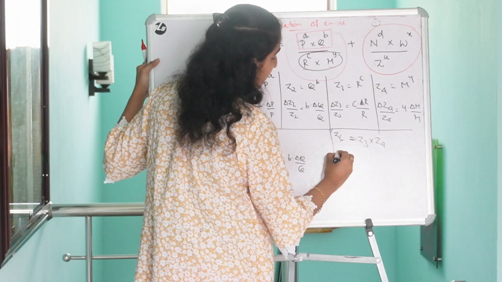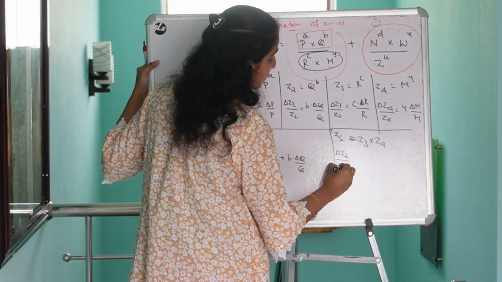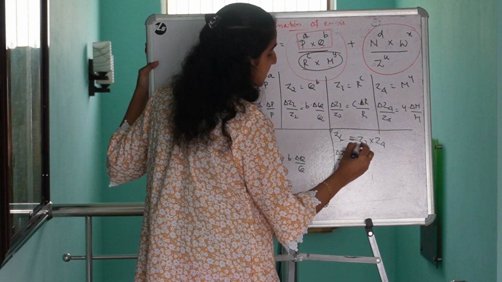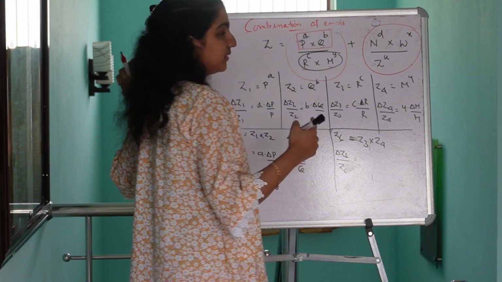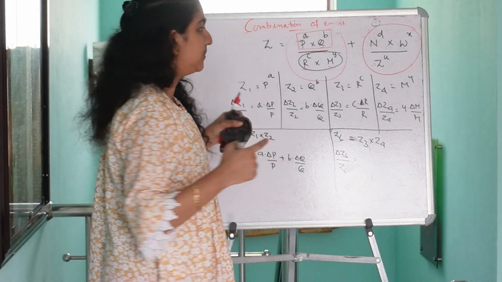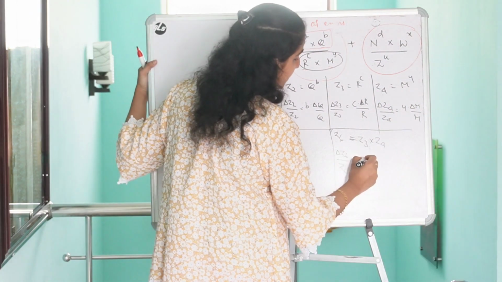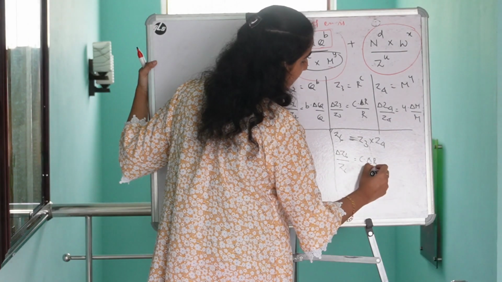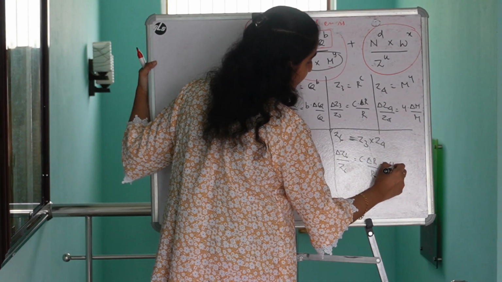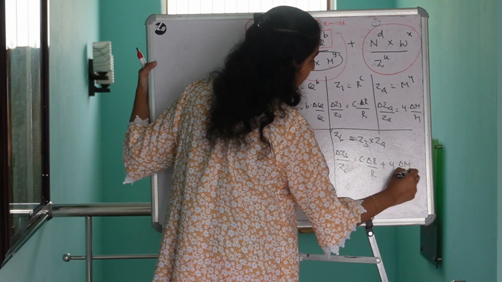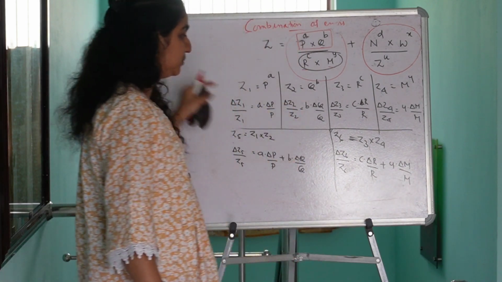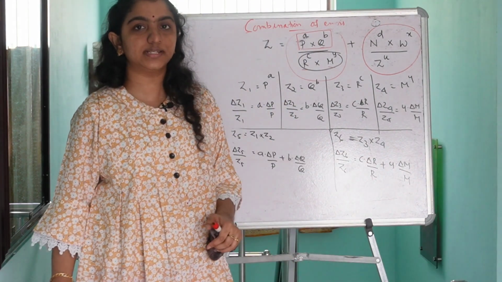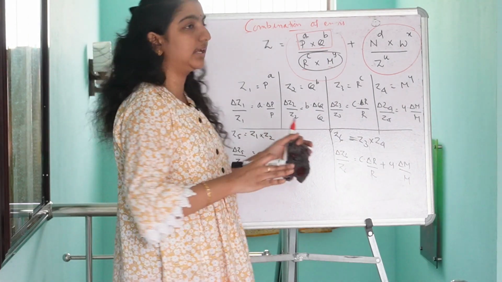When we multiply two physical quantities, the relative error in the resultant is equal to the sum of the relative errors in the individual measurements. So the relative error is c into del r by r plus y into del m by m. Is it clear, guys? Yes. Is it clear up to this?